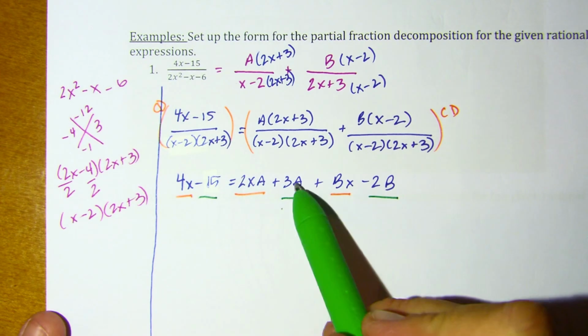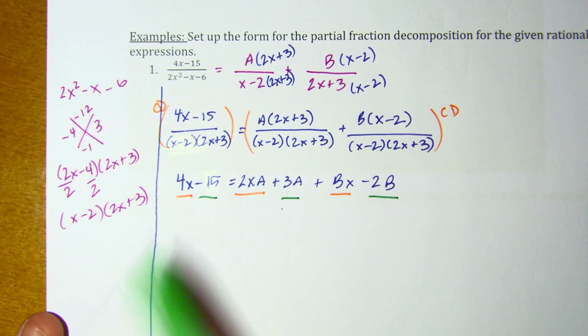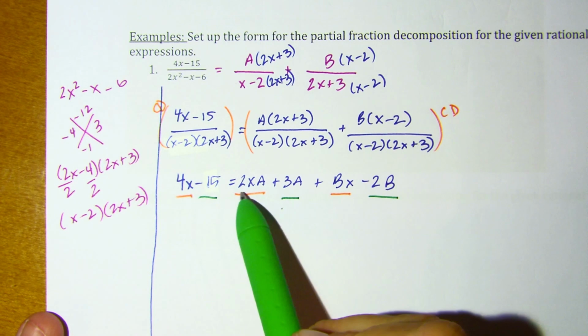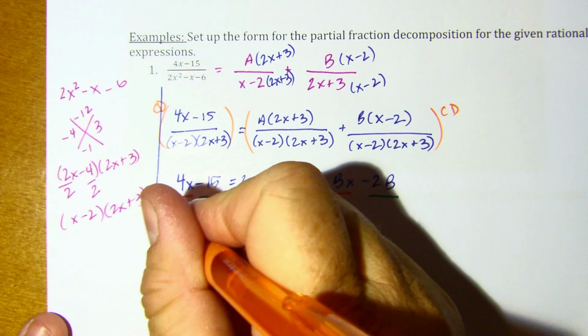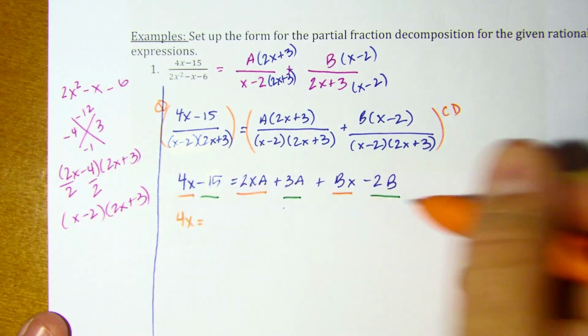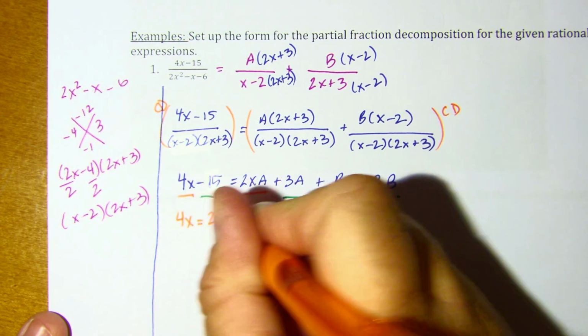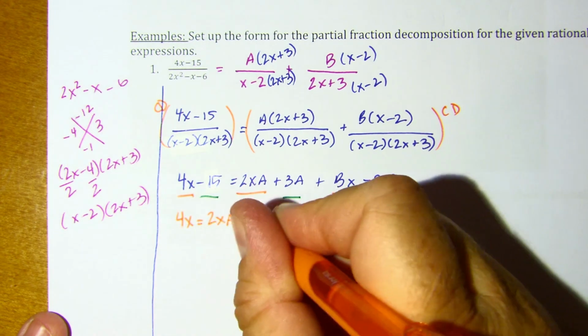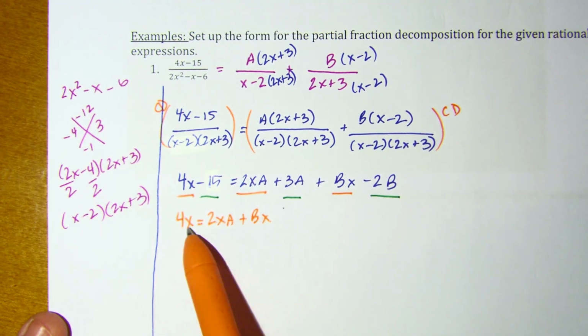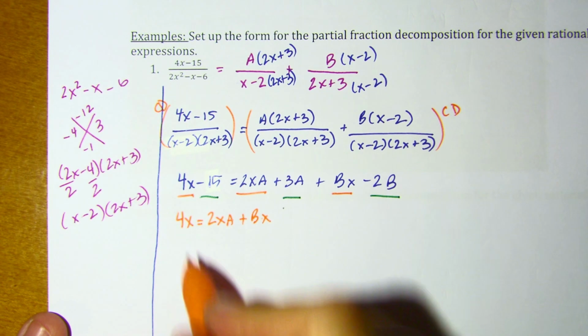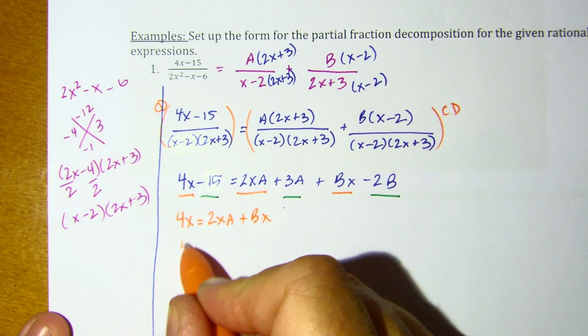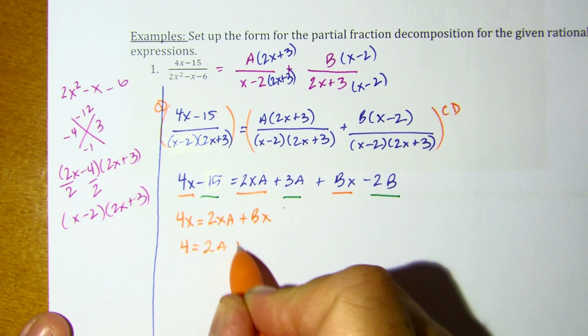So these two constant pieces are going to have to be equal to this, and the 4x and 2xa and bx are going to have to be equal. I'm going to work with that part first. 4x equals 2xa plus bx. Every single term has an x. So if I divided both sides of my equation by x, they would all cancel, and I'd be left with 4 equals 2a plus b.